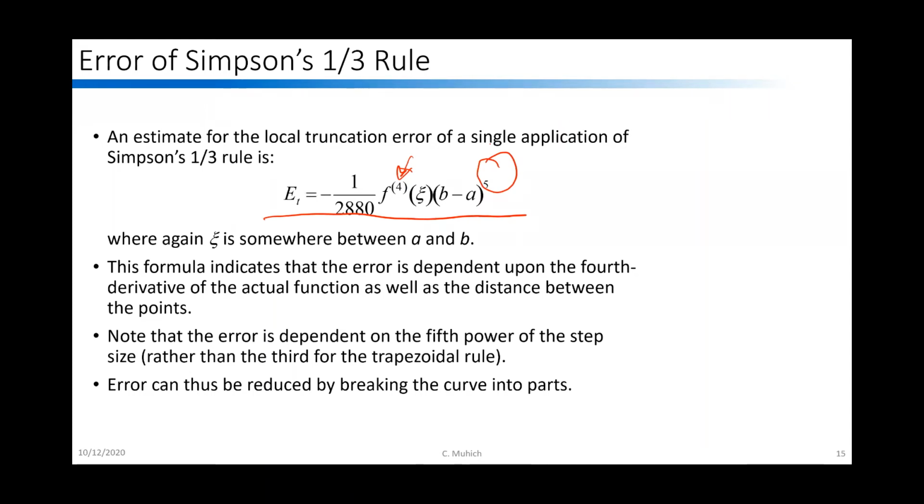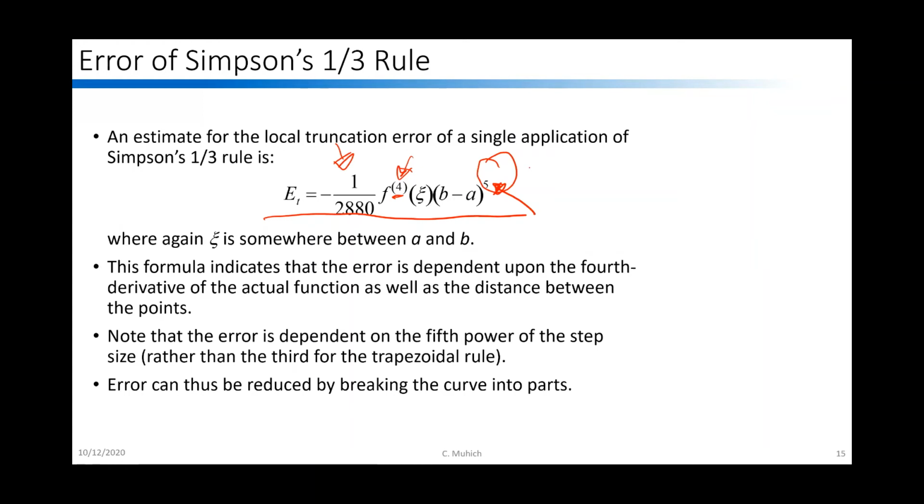So we can see immediately that our error has gone down significantly due to 3 factors. 1, a much smaller prefactor. 2, the fourth derivative is likely to be much smaller than the first, second, third, etc. And lastly, we have the range we're looking over to the 5th power. So as we're moving to smaller and smaller sizes, this truncation error should decrease much faster than when I had it only to the 3rd power.